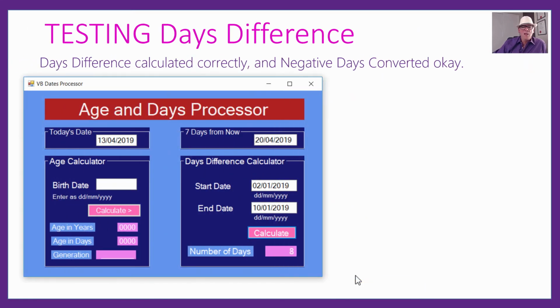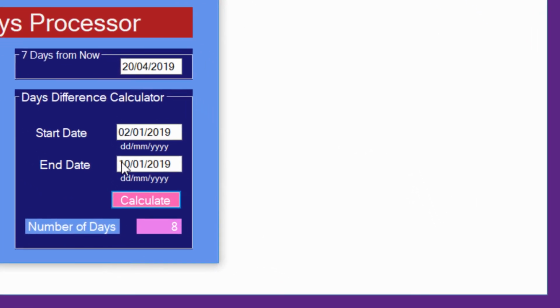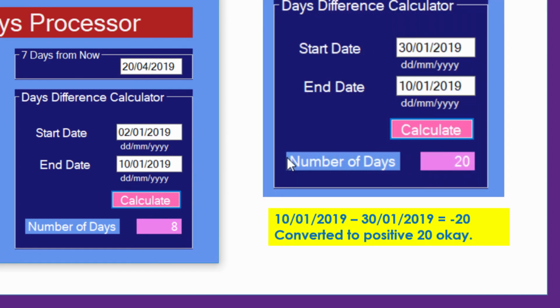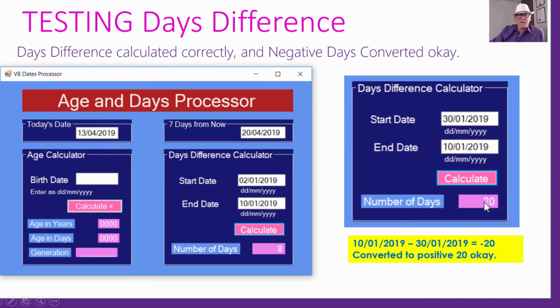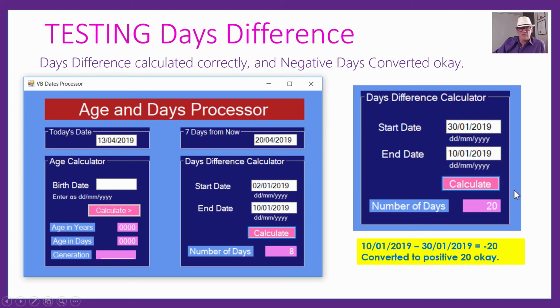So you need to test it out. We tested it out here. Someone put in 2nd of January up to the 10th of January. Well, that should be 8 days difference, and it did work it out as 8 days. If they put them in backwards, like the 30th of January to the 10th of January, it does the end date, 10 minus 30, which would be -20, but because we had that little fix in our function, it will actually put it out as +20, because it doesn't really make sense to have negative days.